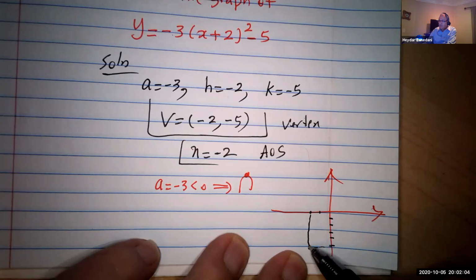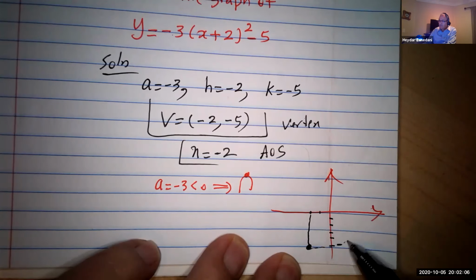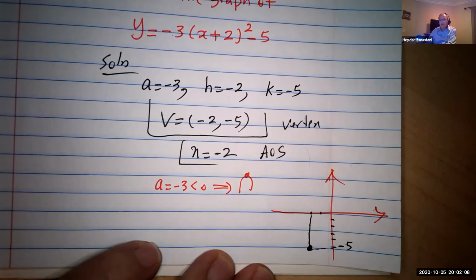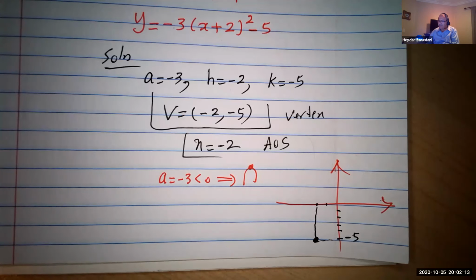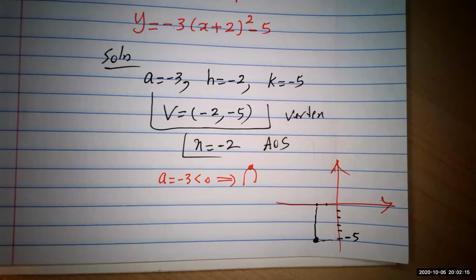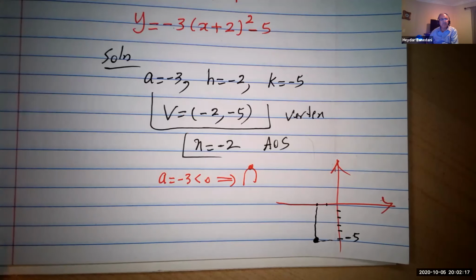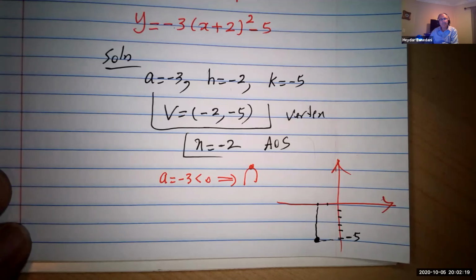So this is the vertex. Okay, so the graph is going to be curving down. I need help. What did you say AOS was? Axis of symmetry, the mirror. Okay. Thank you.